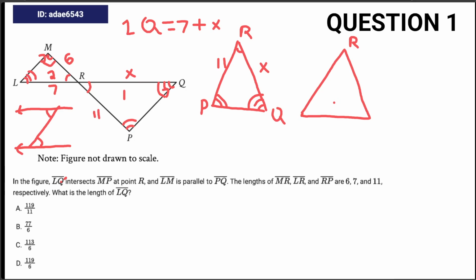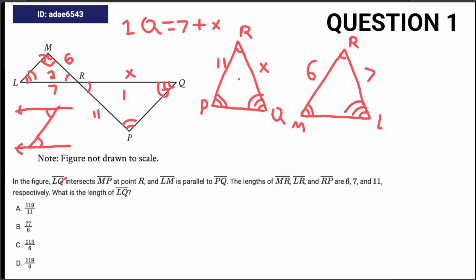Now for this one, we know that L is here, because it's the one with 3 marks, and M is here, because it has 2, and this has 1. That way these line up, 2, 2, 1, 1, 3, 3. And we also know that this would be 6, this would be 7.